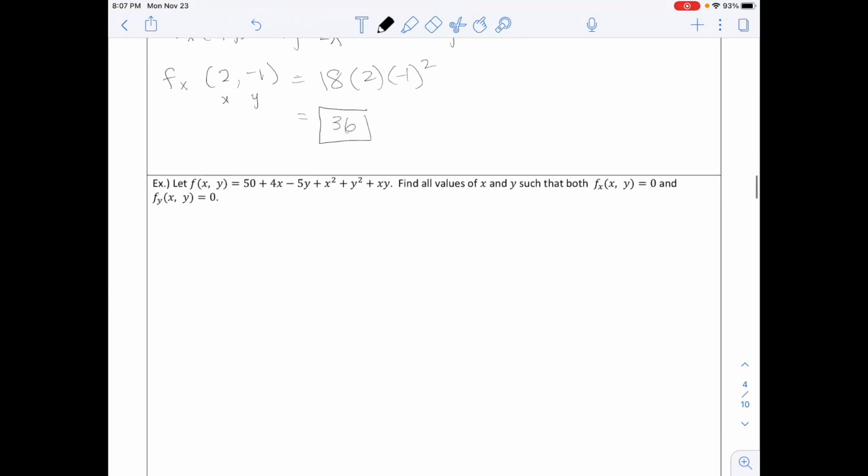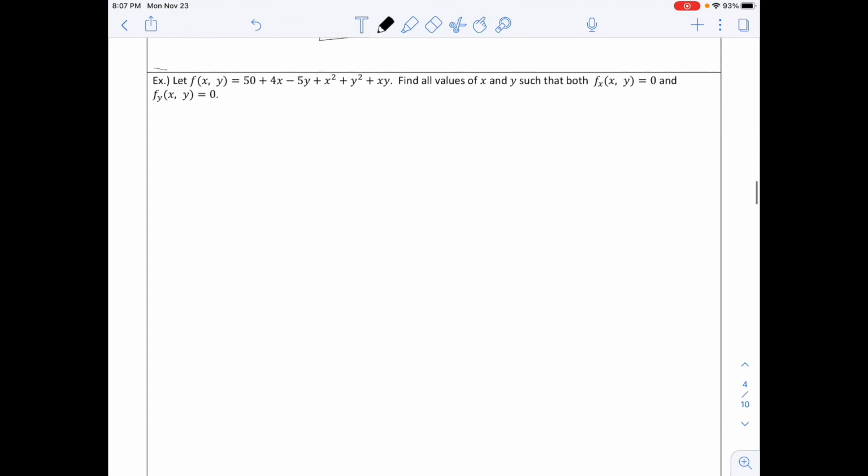The second example that we have on this page, we're going to go ahead and circle. And since we're dealing with equations that are now in terms of two variables, we're going to start dealing with equations of multivariables, which requires us to solve equations that have more than one variable in them.